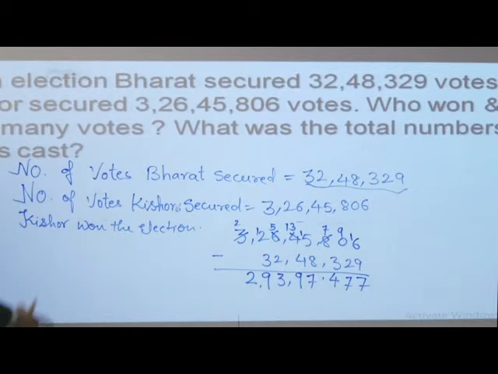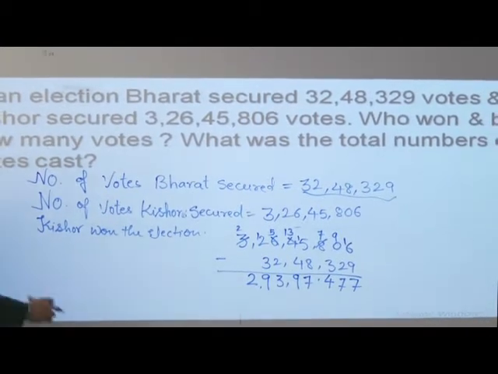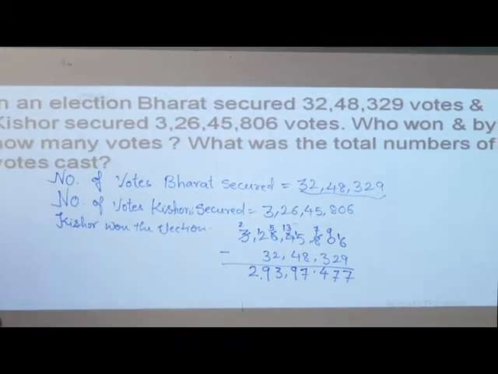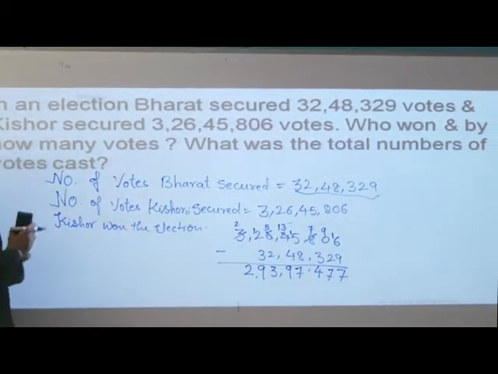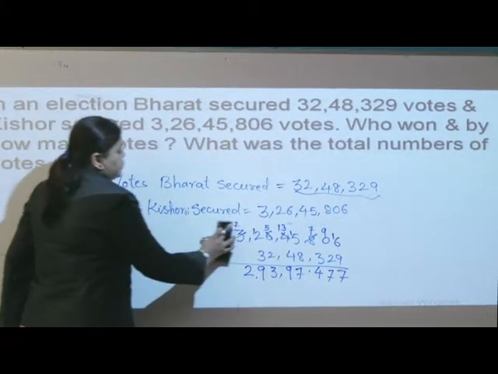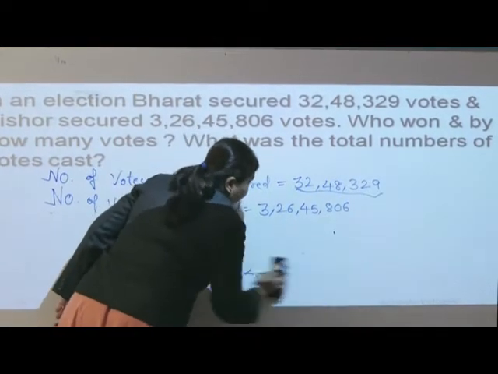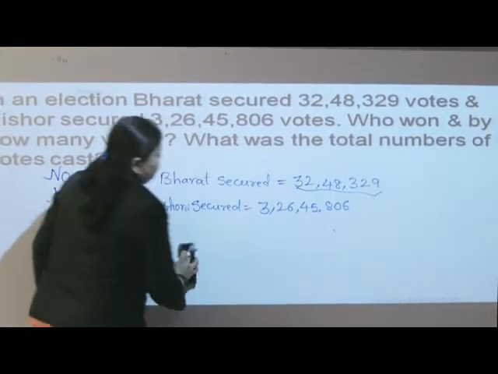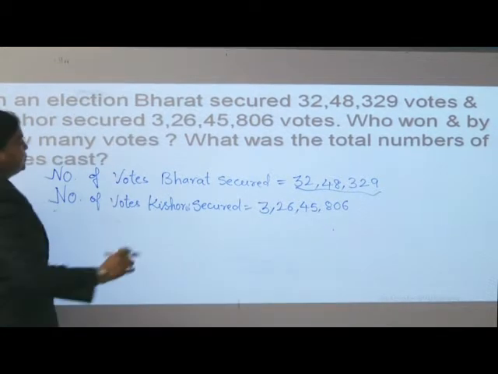And my third question is, what was the total number of votes cast? Already I told you we have to go for an addition of this. The word total itself says we have to do the addition. So we will write the addition of this.